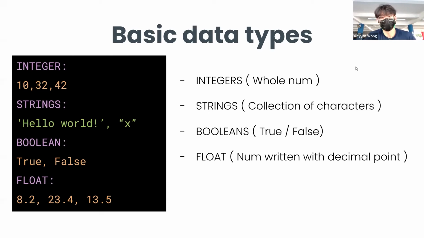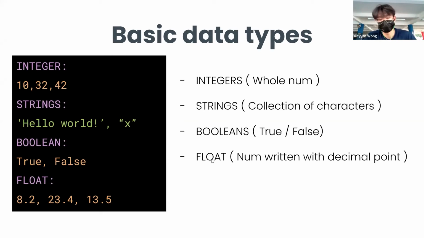Strings are a collection of characters, and what's fascinating about Python strings is that you can also store a single character in the string. And usually, how to tell that it is a string is when there is a single quotation or a double quotation, which you can see on the left. Booleans are either true or false. These are very simple, and you guys should be able to understand that.